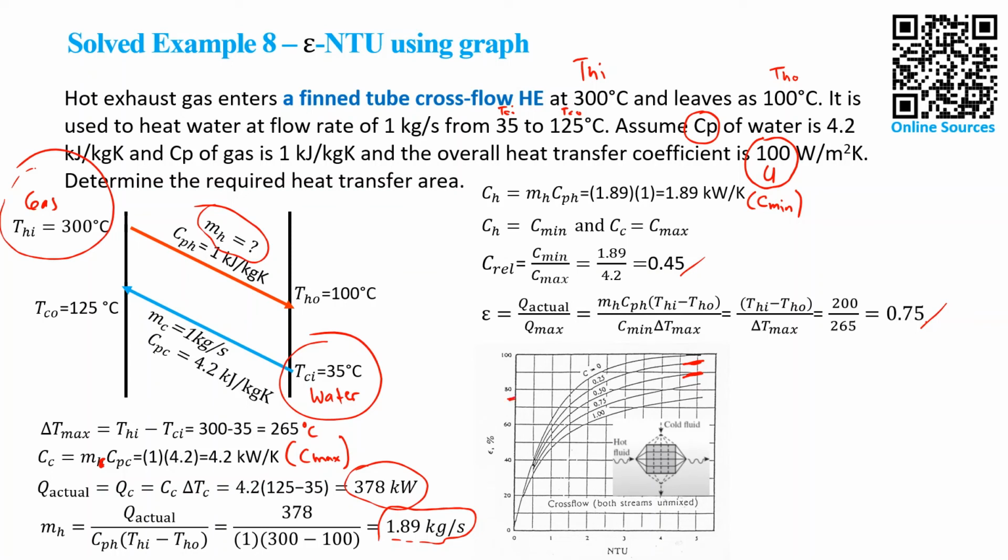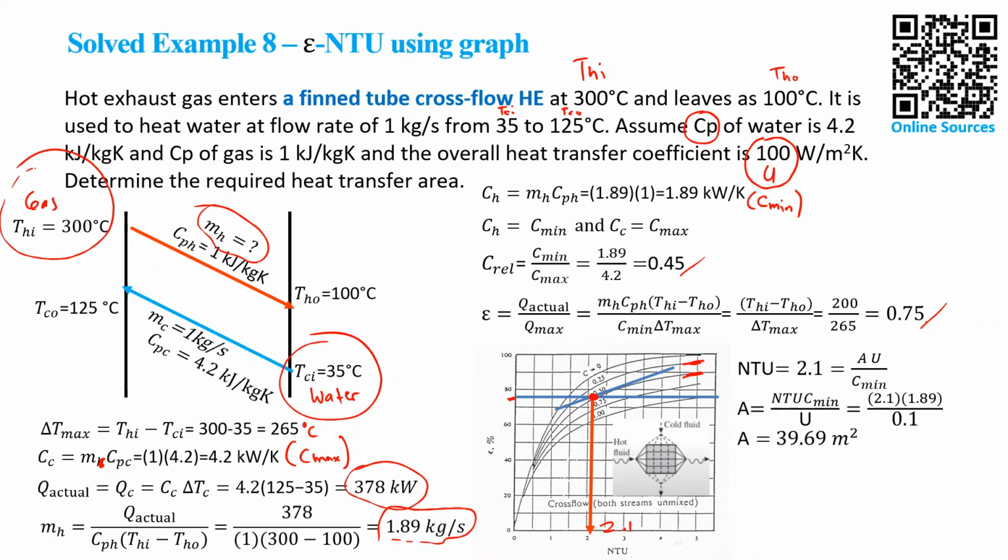I just draw the line for that. This is the point where the C and the epsilon cross, and we pull it down to find NTU. The NTU here is about 2.1. If you say 2.05, I'm okay with that.